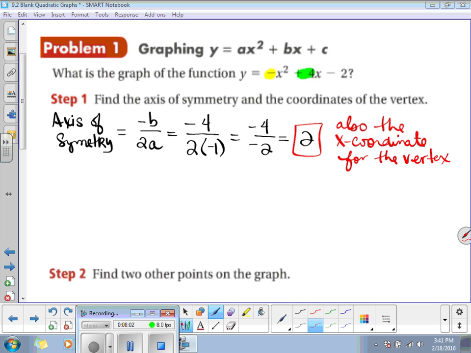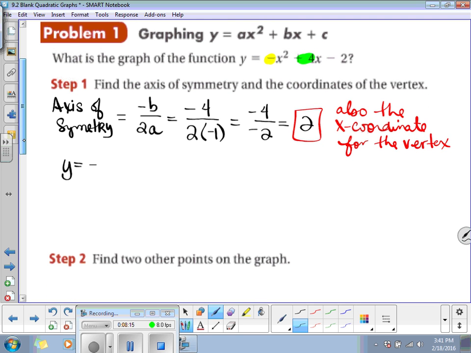Now we're going to find the y value. So we've got y is equal to negative 2 squared. Does everybody see I put parentheses here? So that exponent only goes to the 2, right? Or I could just keep the parentheses off. This is just to stress to you that it's only the 2 that gets squared.